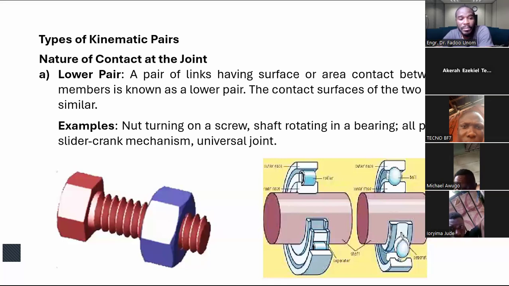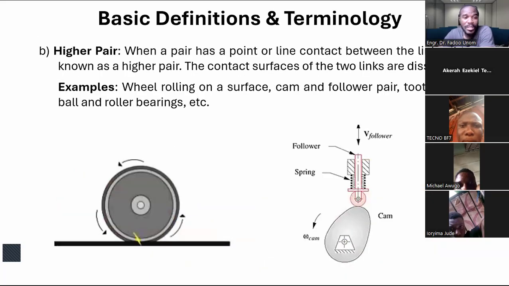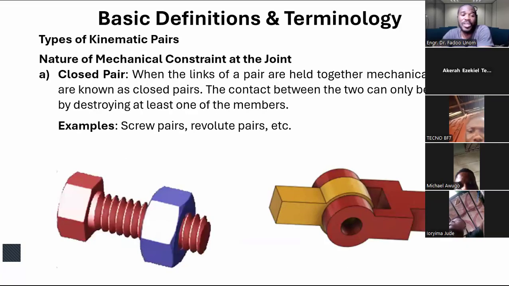And then we gave you examples in class. And then for higher pairs, we said is when pairs have a point or line contact between the links, then that's what we call higher pairs. We dealt with all of these in class, so I'm not spending much time.